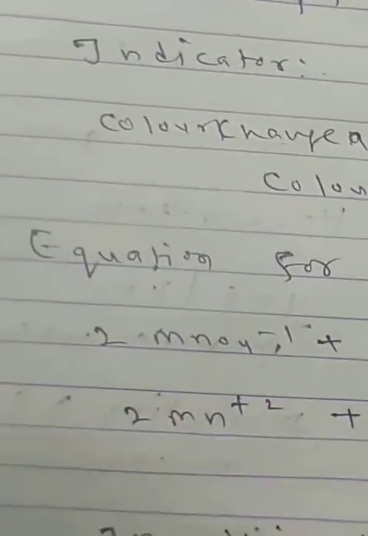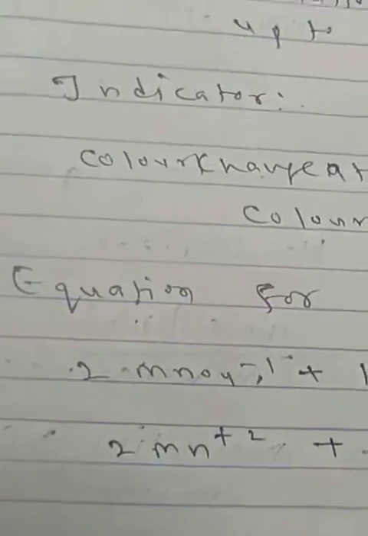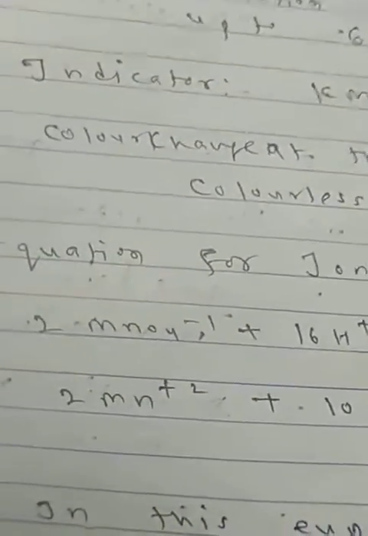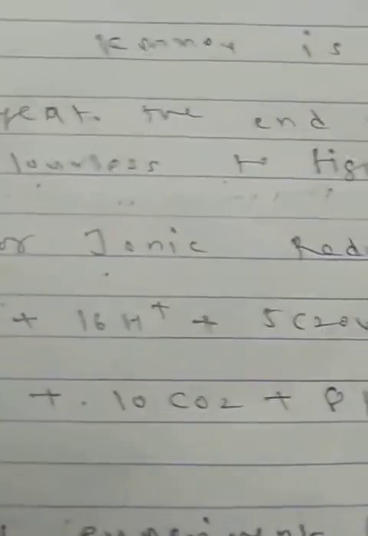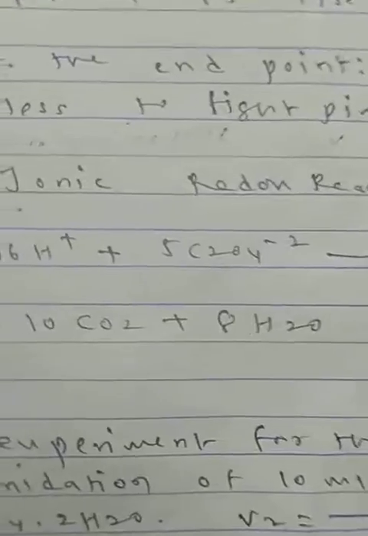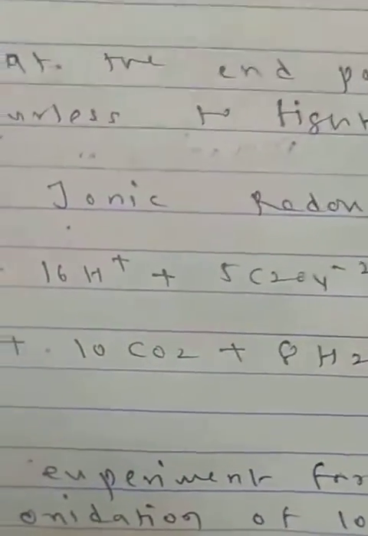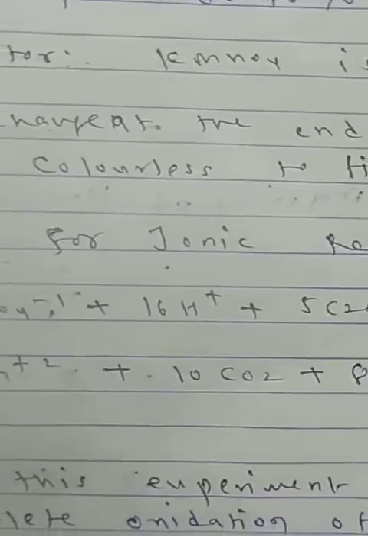You will get, as usual, MnO4 minus 1 converting into Mn plus 2, plus from the oxygen, hydrogen and carbon, all will unite and give CO2 and H2O. Here you write 10 CO2 and 8 H2O and you balance the equation.